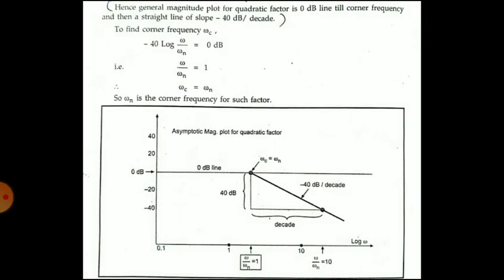Then quadratic factors, factor 4. The general magnitude plot for a quadratic factor is a 0 dB line till the corner frequency, and then a straight line of slope minus 40 dB per decade. That is the construction for quadratic poles.